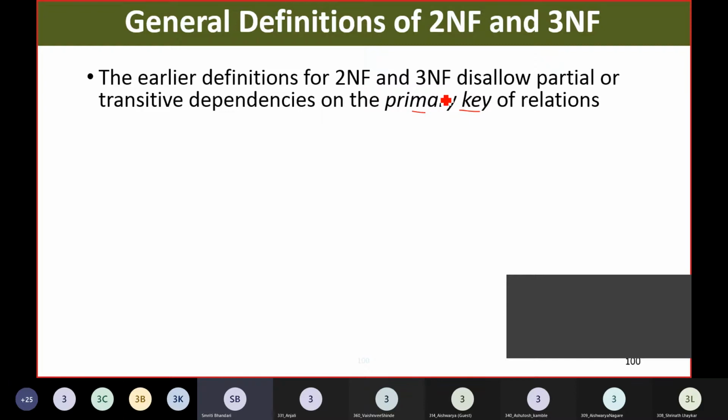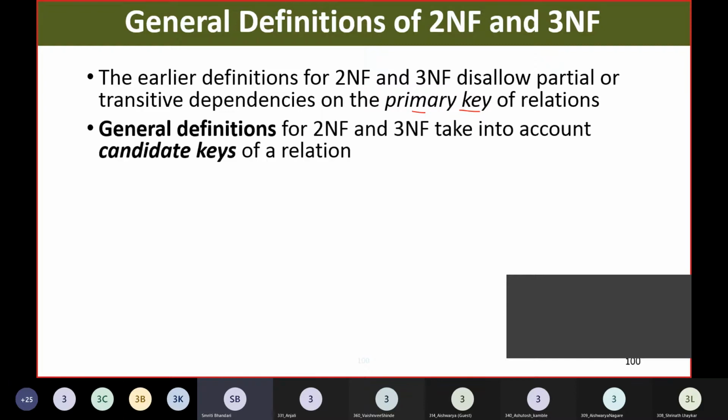But more generally, if we would like to define 2NF and 3NF, we need to consider the candidate keys instead of only the primary key. We know the difference between the primary key and candidate key. For a relation, we may have more than one candidate key, and out of those candidate keys, we designate one candidate key as the primary key, right?